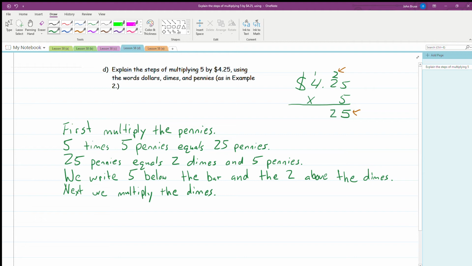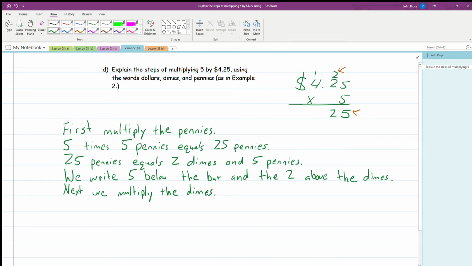All right. So we multiply the dimes. We're going to look at example 2 and see what it tells us to write. It says in their example for 375 times 3, it says 3 times 7 dimes is 21 dimes. Well, we have 5 times 2 dimes.